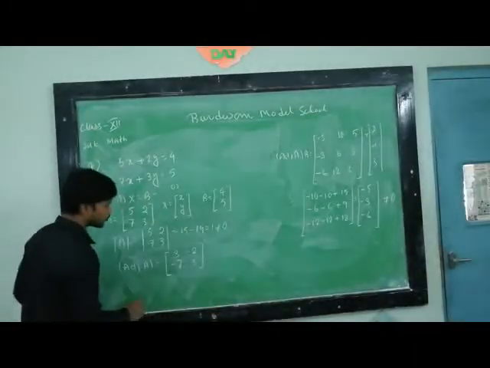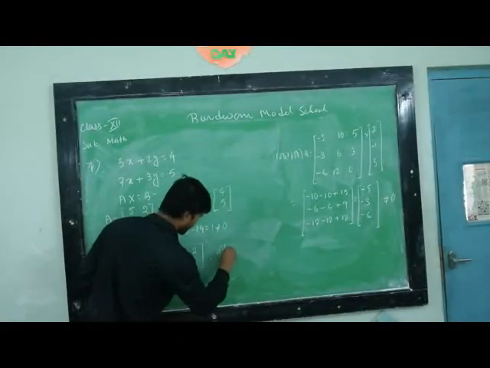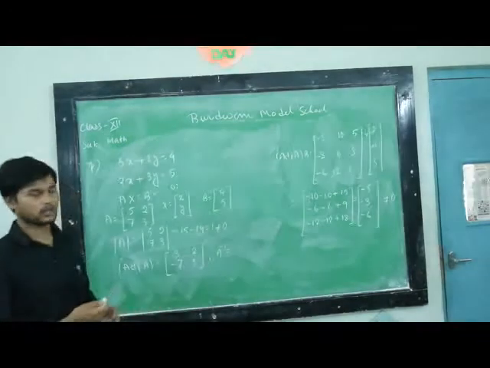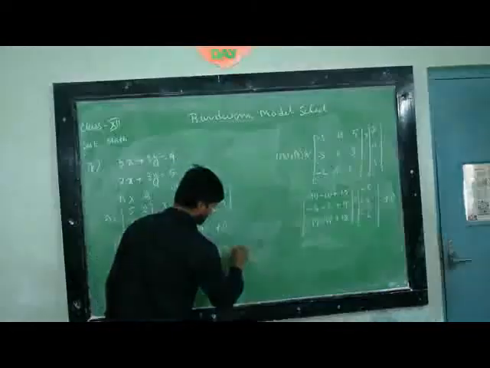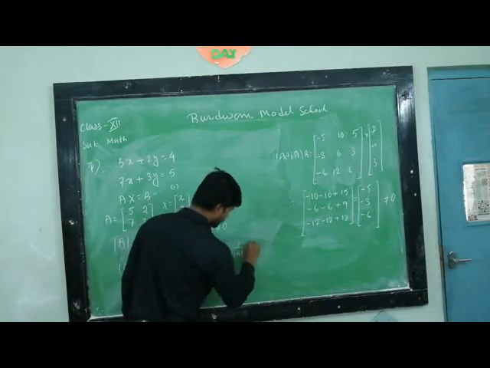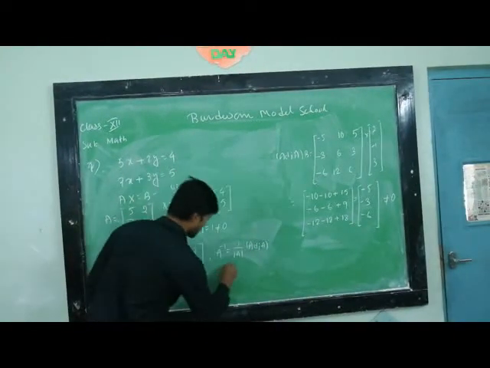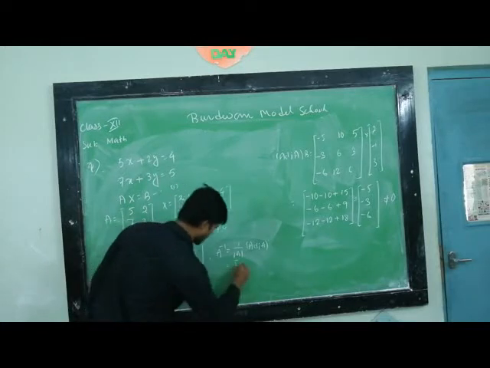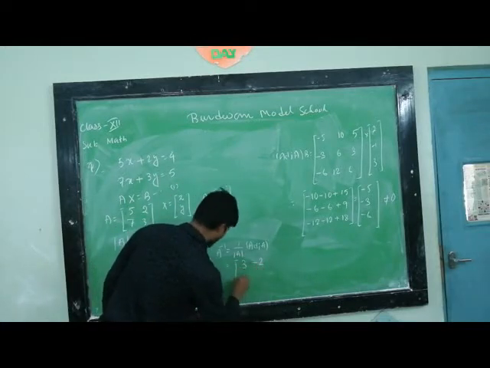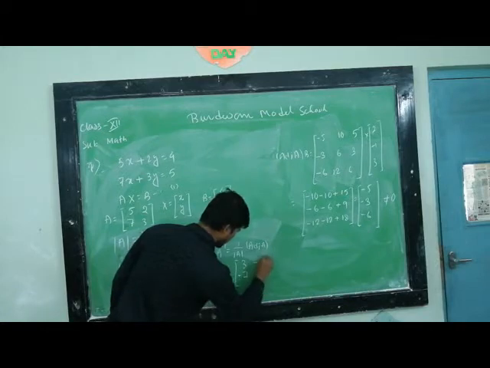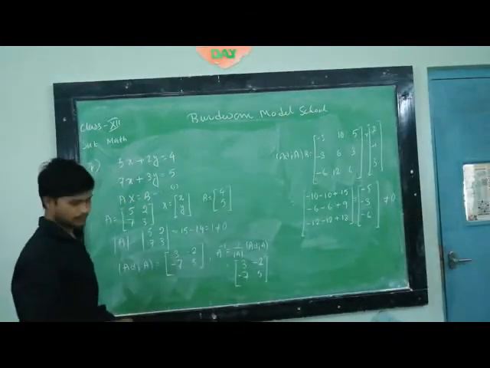And A inverse, the formula is 1 by det A into adjoint of A, which is equal to the same matrix, 3, minus 2, minus 7 and 5. So this is the A inverse.